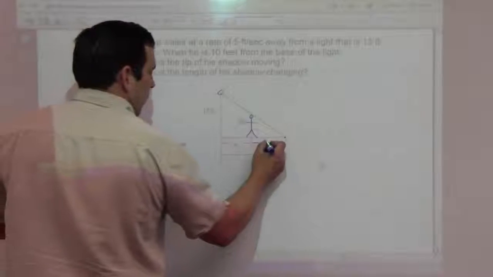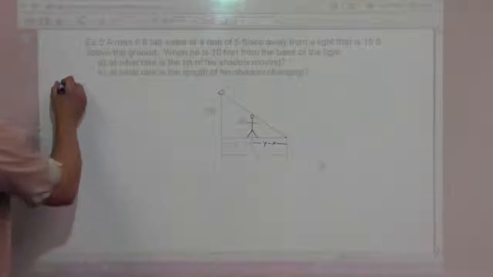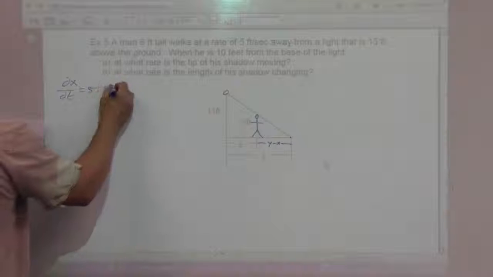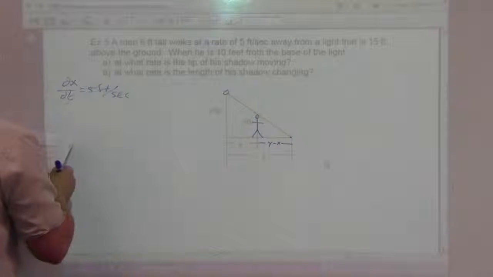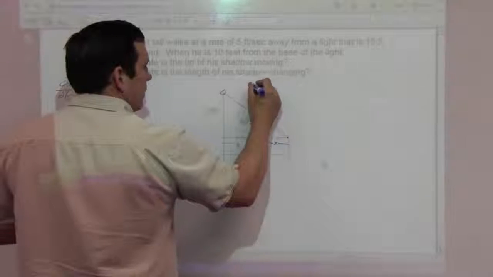So this distance is y minus x. Our dx dt is 5 feet per second. What we have here is similar triangles.